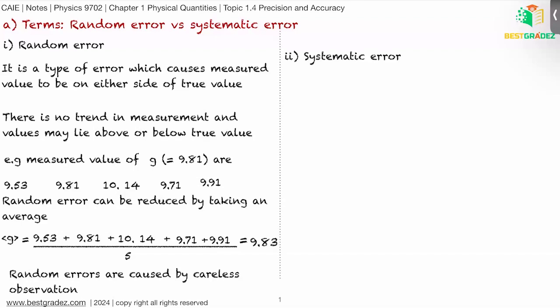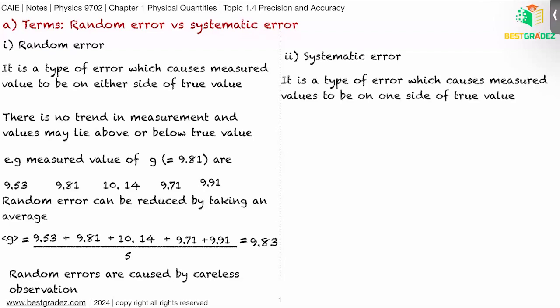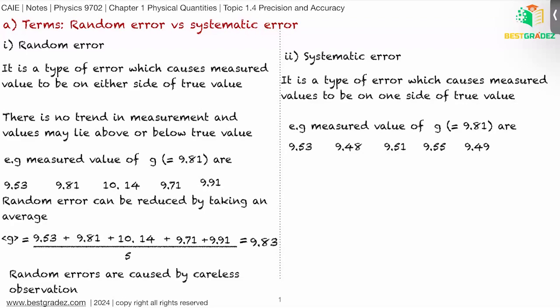But if you see a clear trend in the error, then we call it a systematic error. Like we have to stick to the nature of error. So for example, again, I'm repeating an experiment and I want to find the value of acceleration of free fall. And every time I'm getting a value smaller, it means there's a very clear trend.